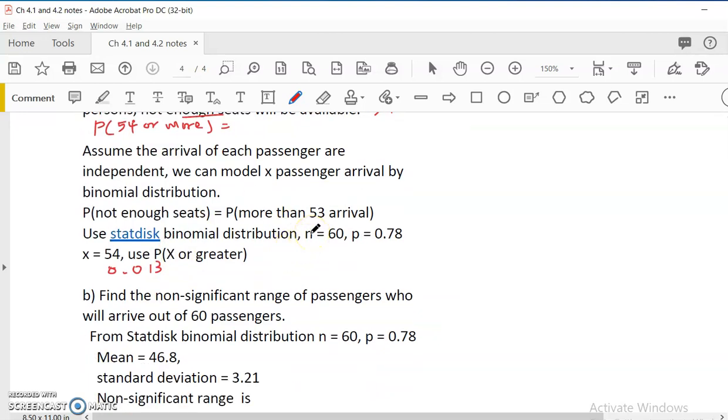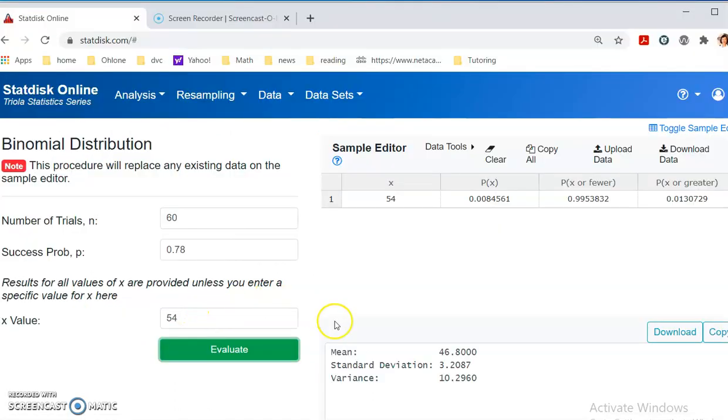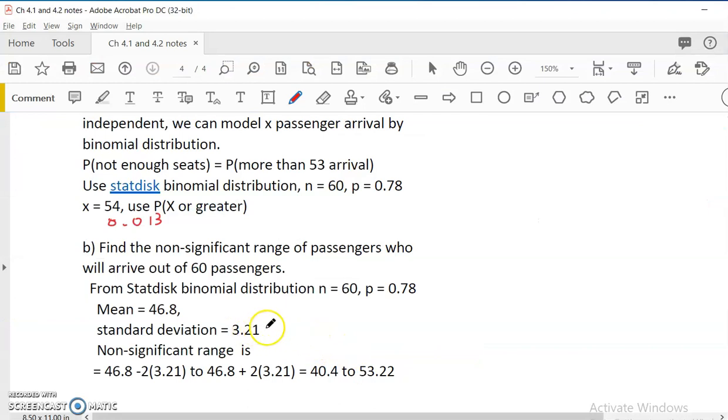Now find the non-significant range of passengers who would arrive out of 60. So with 60 passengers booked, what is the range of customers that would arrive? We calculate the mean, which is n times p, and it is already over here: 46.8. The standard deviation is 3.21.